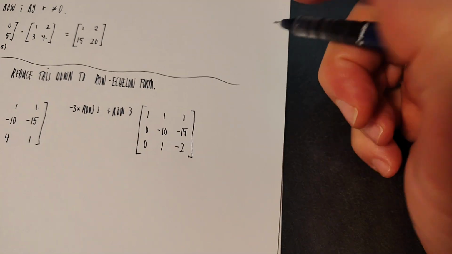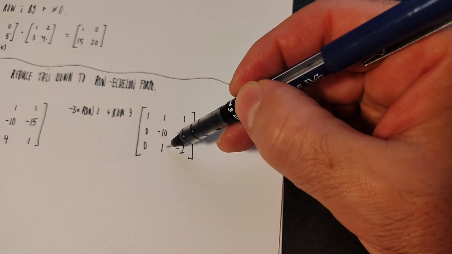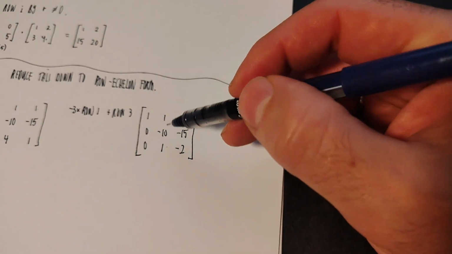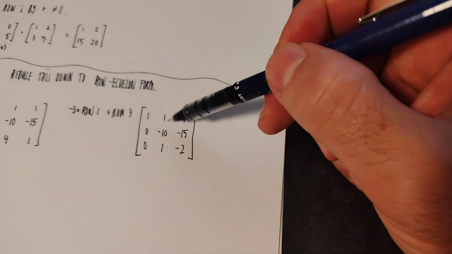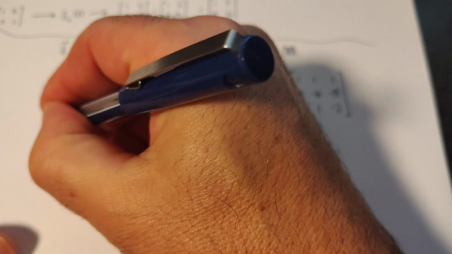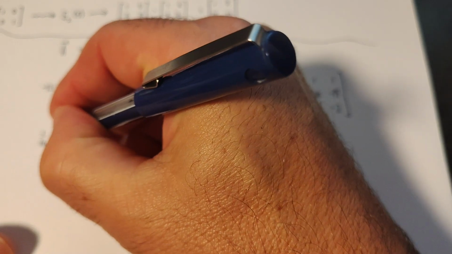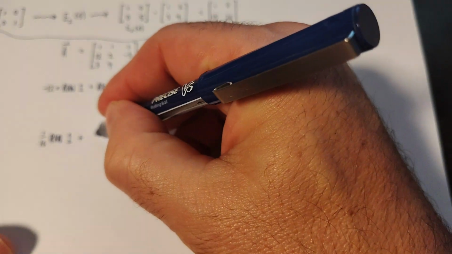So we're getting closer. Now, how do I get a 0 here so I have more zeros that are leading in this row than above it? Well, we're going to have to take 1/10 of this second row and add it to the third row. So 1/10 of row 2 plus row 3.